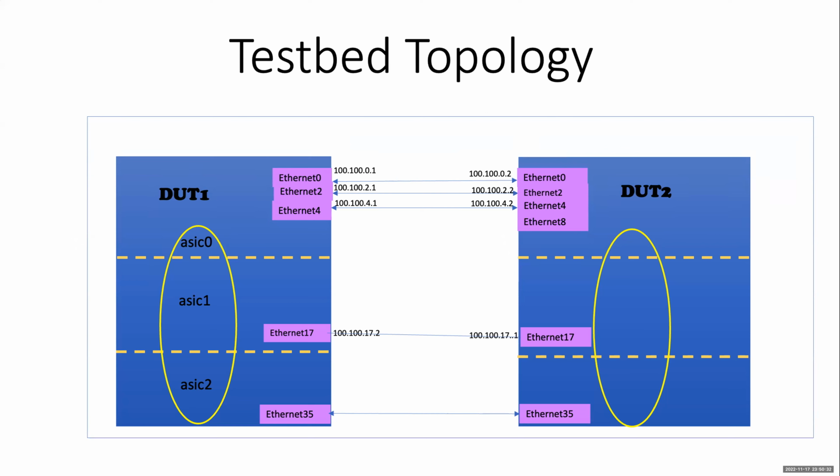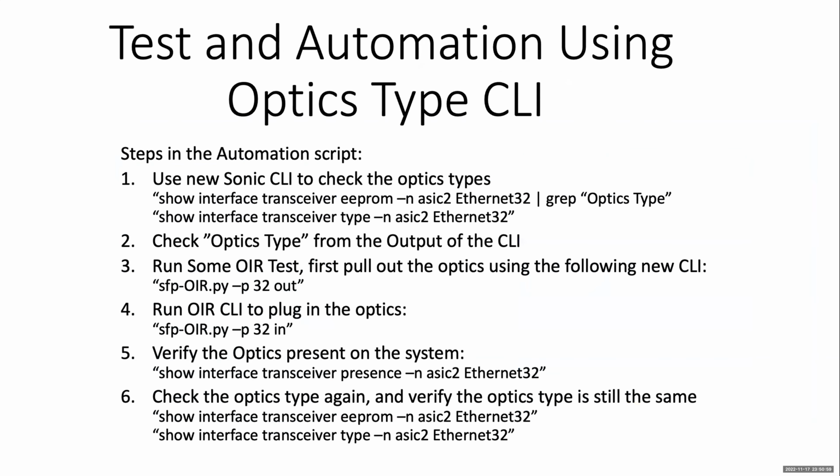For example, we have two DUTs, where DUT means device under test. They are connected by different interfaces, and we need to find out the optics type for different interfaces. After we send traffic, we need to identify which interface has traffic drop. With this CLI, it's very easy to identify which optics type has a problem.